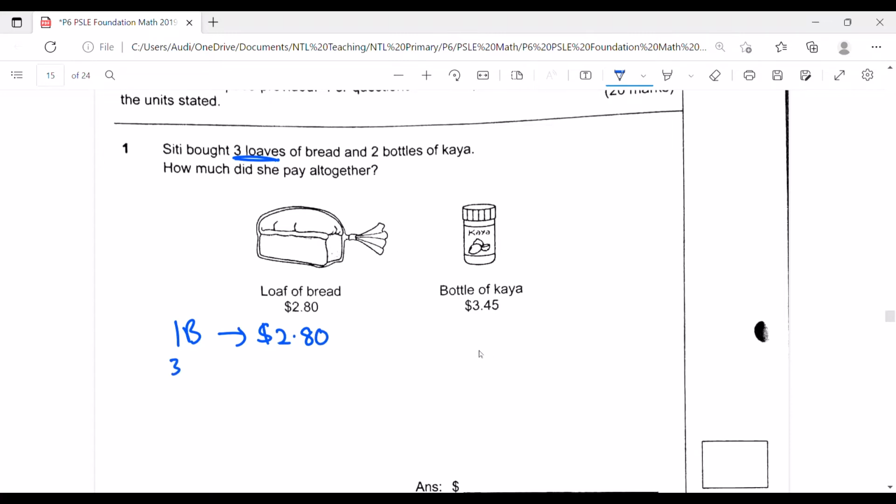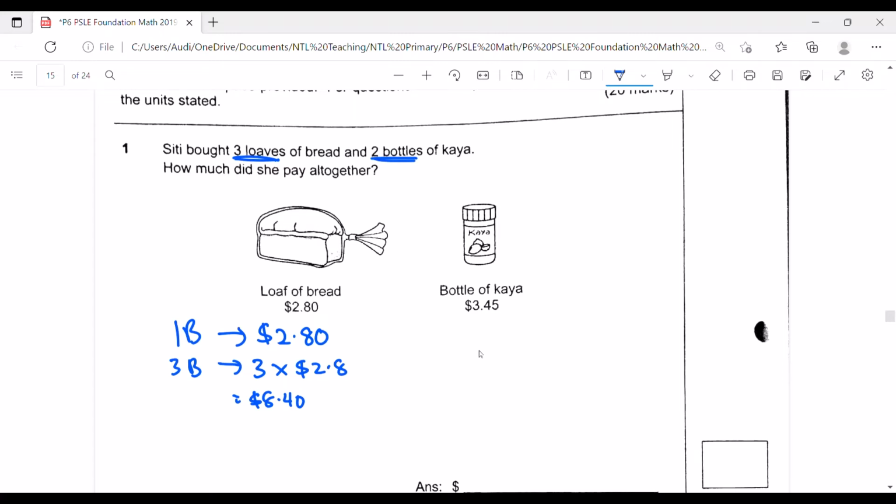So 3 loaves of bread will be 3 times 280. Use your calculator. 280 times 3 and we get 840, $8.40.